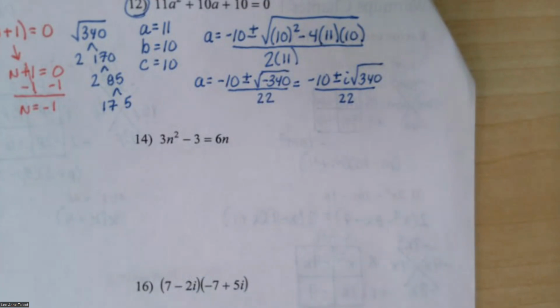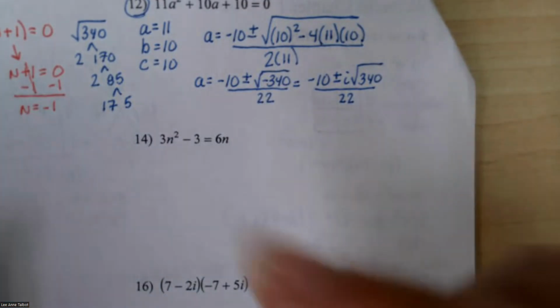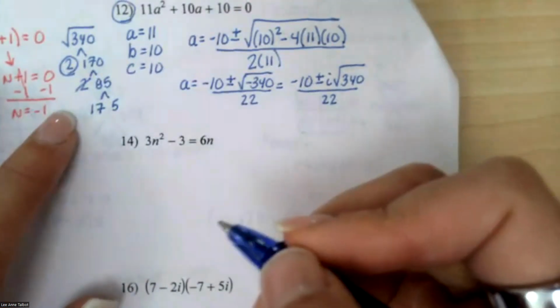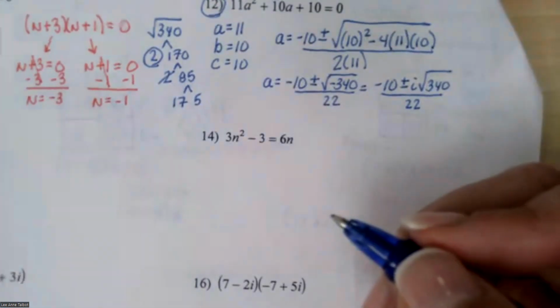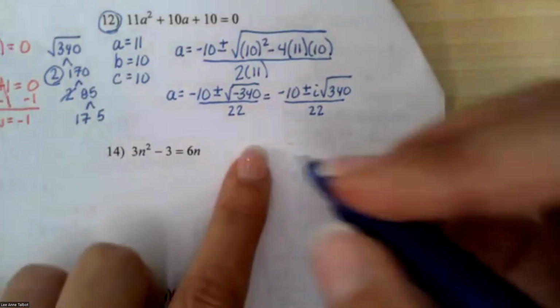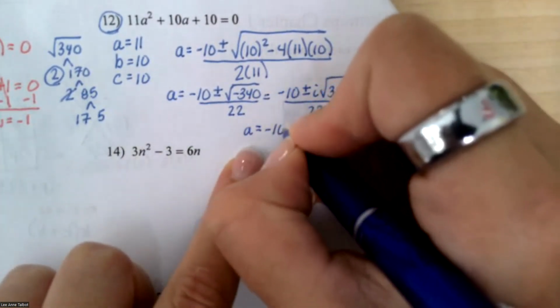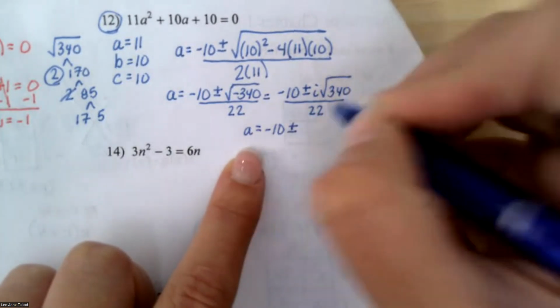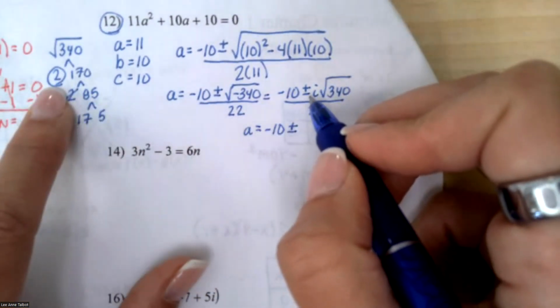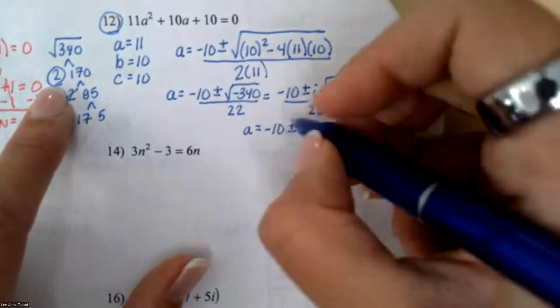Okay, now, do you see any pairs in my factor tree? 2s, beautiful. So circle 1, cancel 1. Okay, let's be very careful here. I have -10 plus minus, and then that circled 2 is going to come out in front of this i.